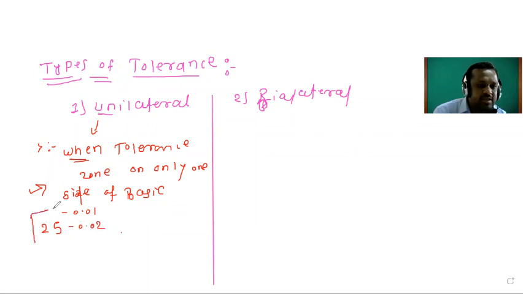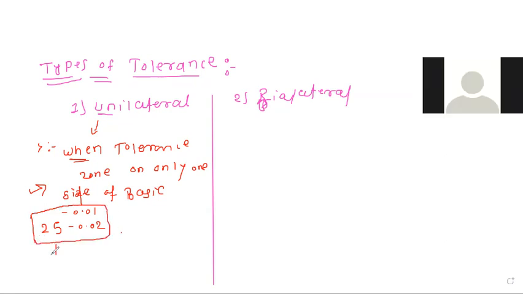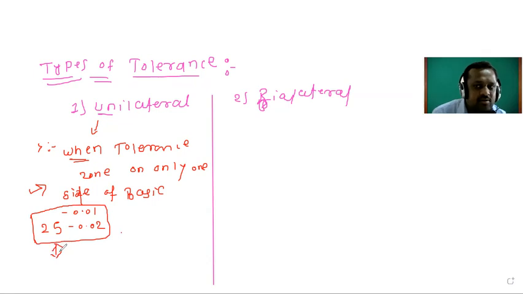Then tell me whether it is unilateral or bilateral. Bilateral. Why is it bilateral? It is unilateral now, where we have to show the dimension of the part on only one side of the basic size. See, this is the zero line.